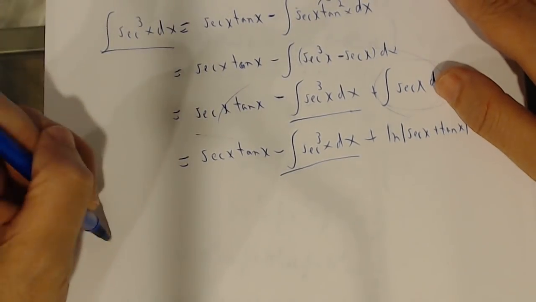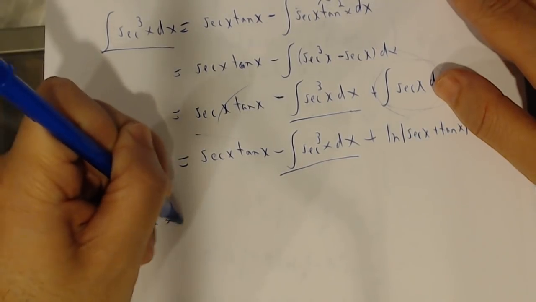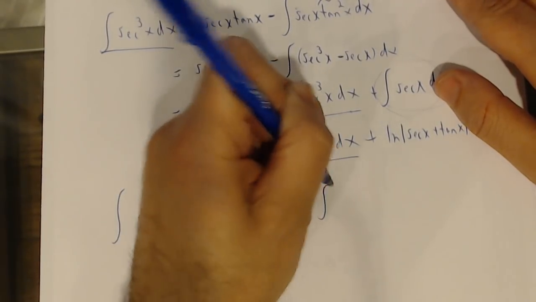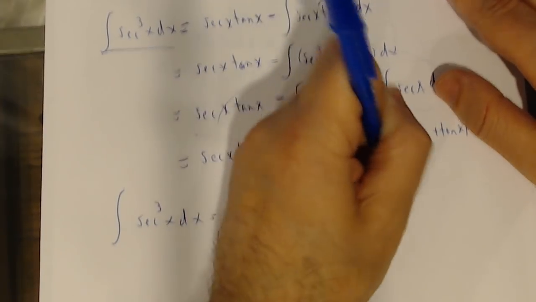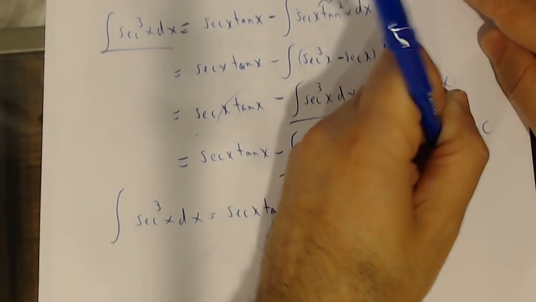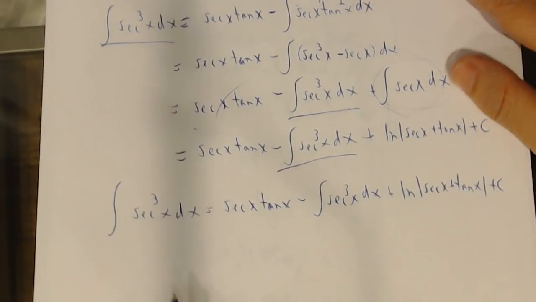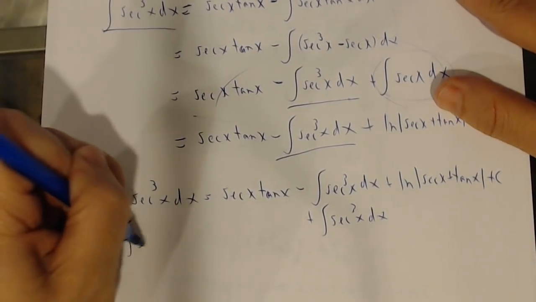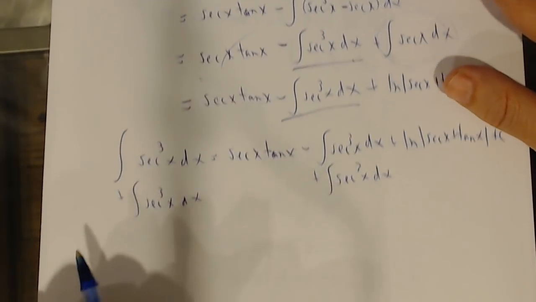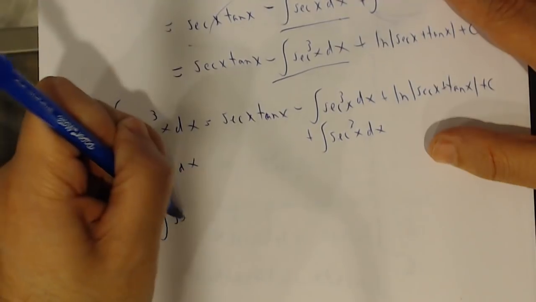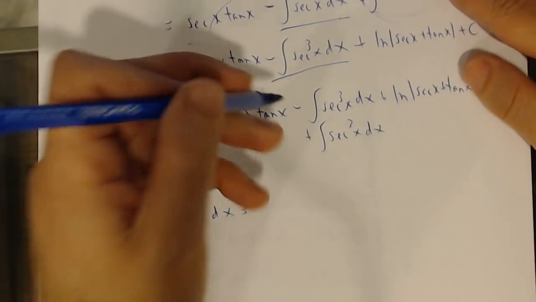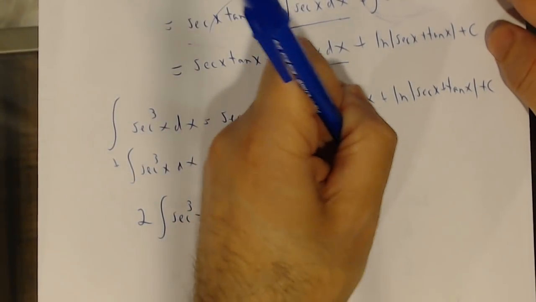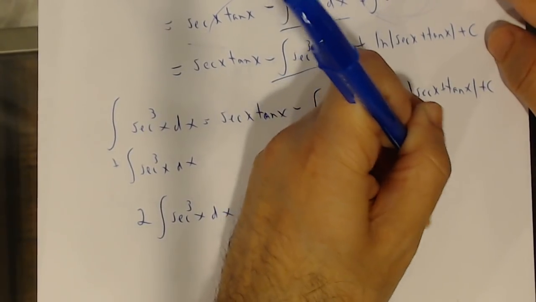So what are we claiming? The integral of secant cubed x dx is equal to secant x tangent x minus the integral of secant cubed x dx plus ln of secant of x plus tangent of x plus c. So what I could do now is add the integral of secant cubed x dx to both sides, which gives me what? 2 times the integral of secant cubed x dx equals secant x tangent x plus ln of the absolute value of secant of x plus tangent of x plus c.